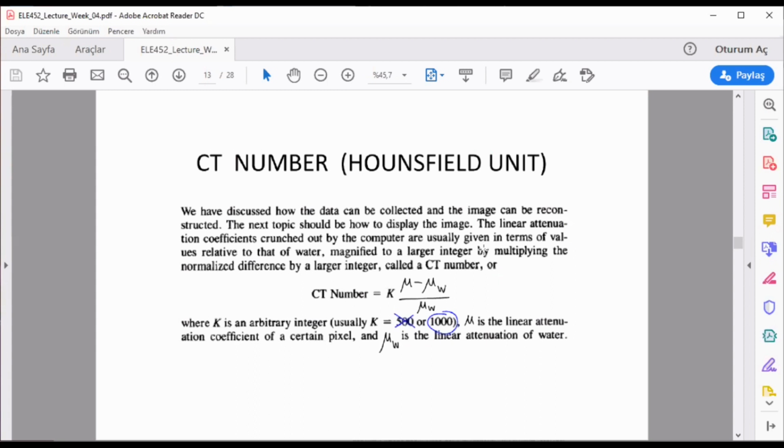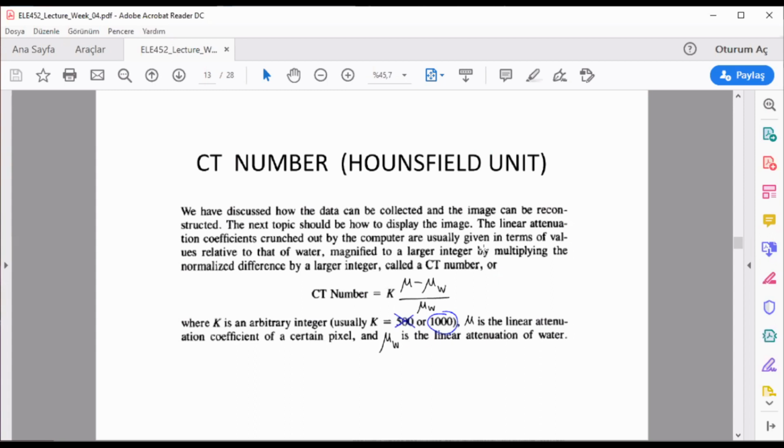That book was very old, like 40 years or so. Today, K is always assumed to be 1000. So it's the difference of any tissue compared to the water's X-ray absorbance, normalized with the water X-ray absorbance value.